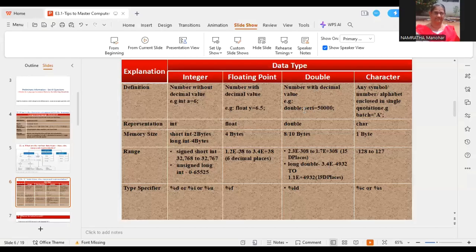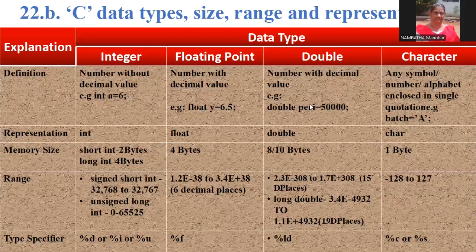Now here, double perimeter is equal to 50,000.